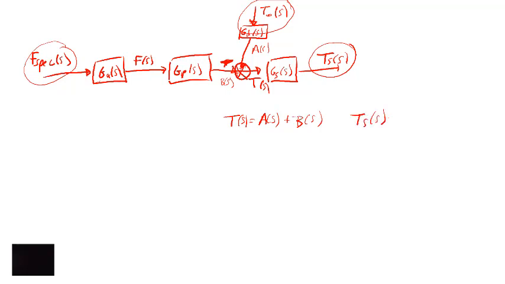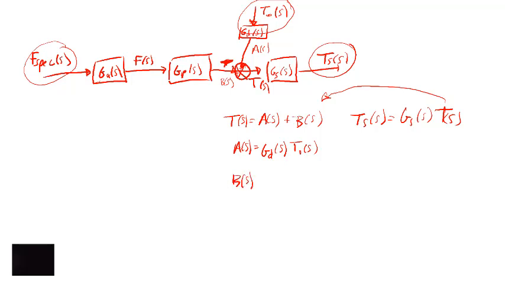So in general, T of S equals G of S times what's entering it, which we had defined over here. We're going to eventually put all these things together, but I want to first start by looking at what A is. So A in the Laplace domain: this transfer function equals output A over input T. Therefore, A equals the transfer function of the disturbance times the input of the disturbance, which is T naught.